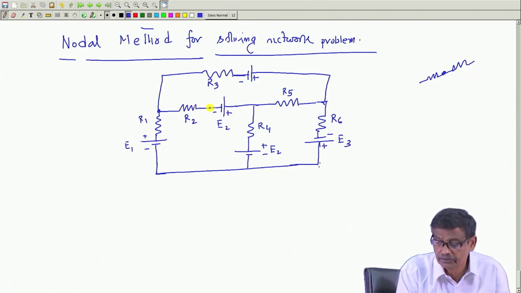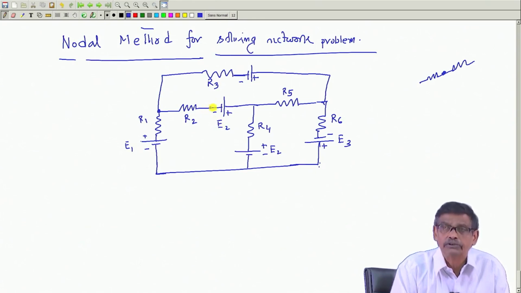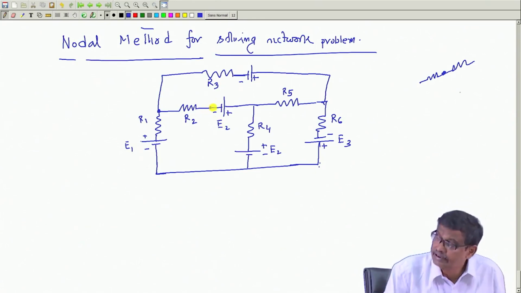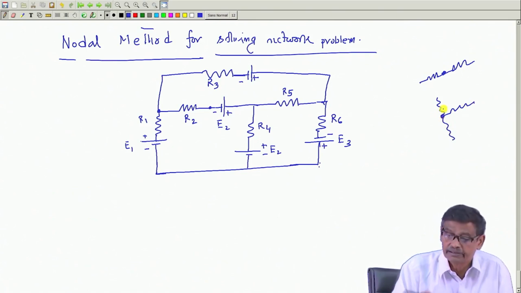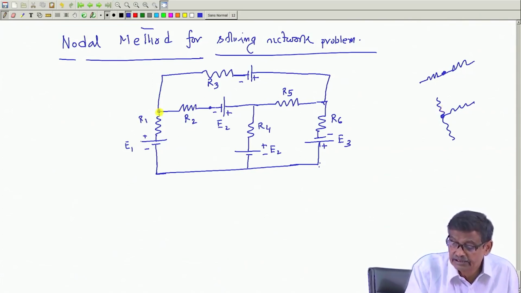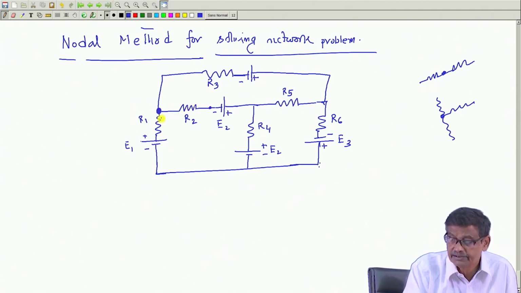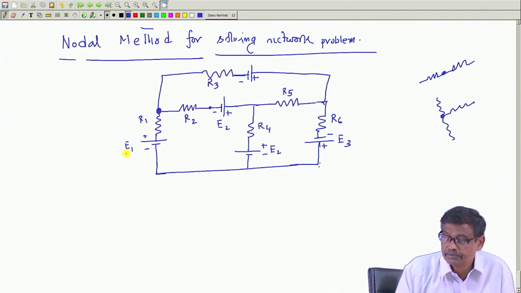For example, this I am not going to call a node. Element R2 and this source, only two ends have been joined. This I am not going to call. So, nodes are these things, where at least more than two elements ends have been joined, that I am going to call node. So, here you see this becomes one node, 1, 2, 3 ends of 3 elements have been joined.